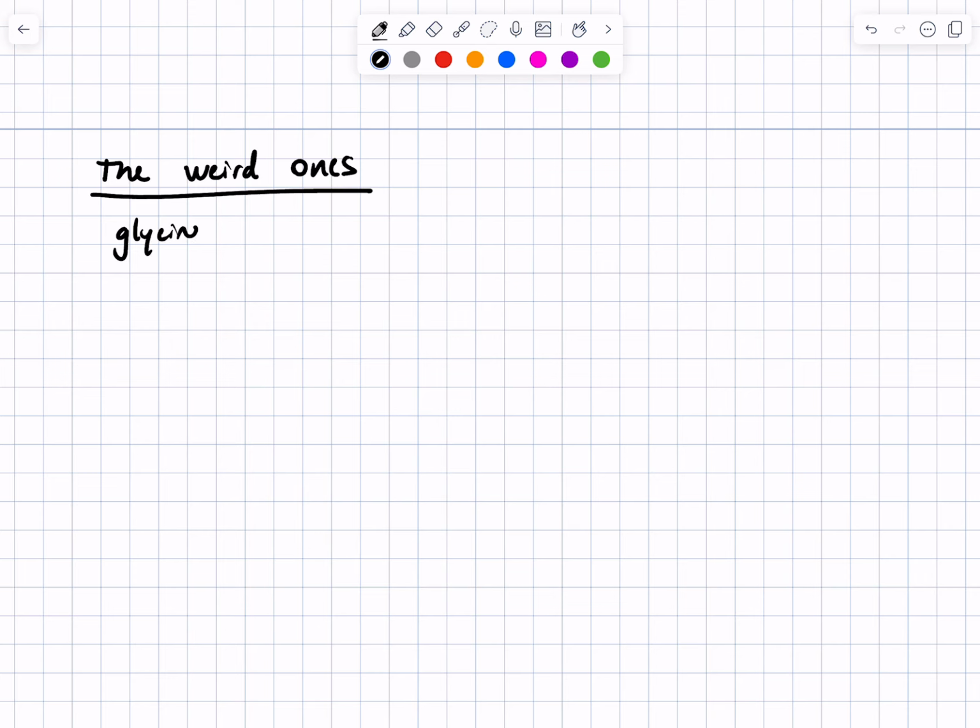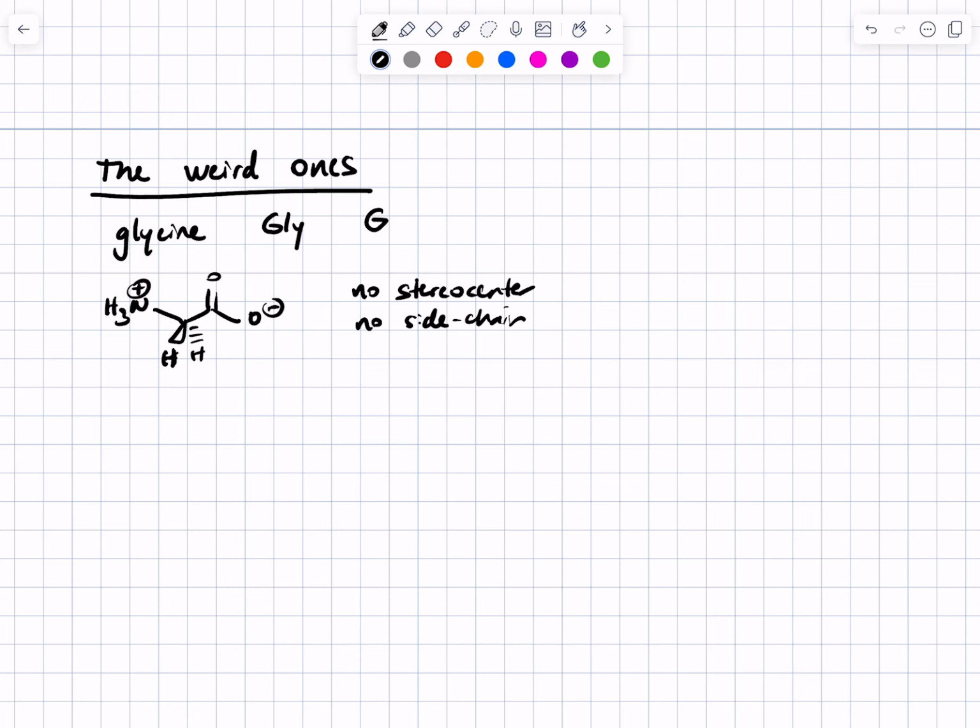Glycine, or GLY, or 1-letter code G. And this is weird because there is no side chain. So no stereocenter, no side chain.